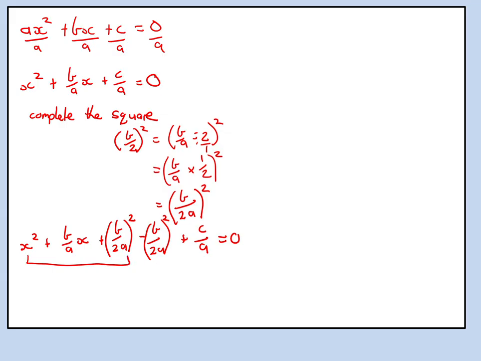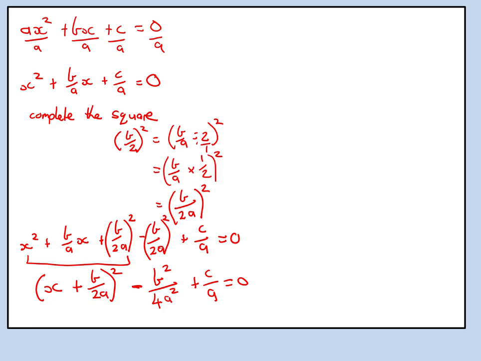The perfect square means that I will have x plus b over 2a, squared. And then what is left over? Let me simplify this as I go. This b over 2a squared, I'm going to minus. Taking the power of 2, that will turn into take away b squared over 2a in brackets squared, which is 2 squared is 4a squared, plus c over a is equal to 0.